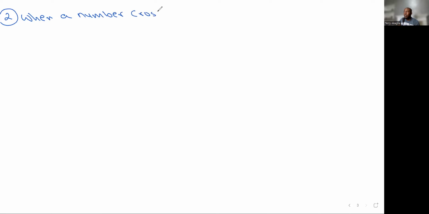So the second rule says when a number crosses over the equal to sign, each sign must change.